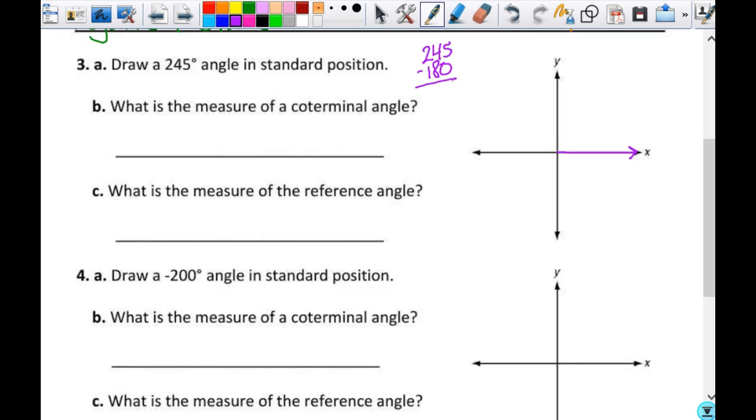What's 245 minus 180? 65. So that means I need to go 180 degrees plus about 65 more, so that's about 2/3 of the way. Looks something sort of like that. Okay. So this right here is my 245 degree angle.